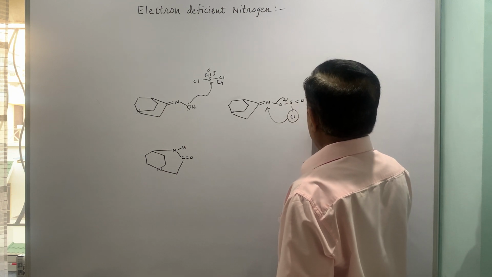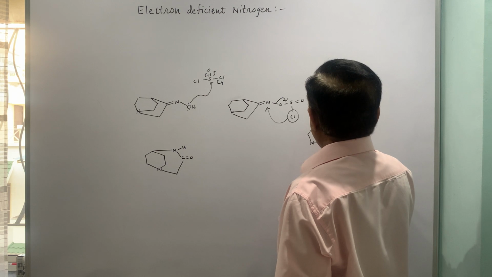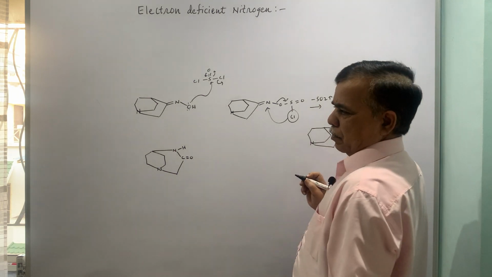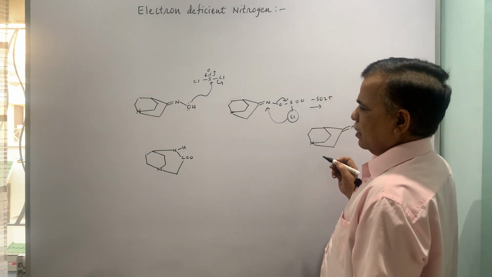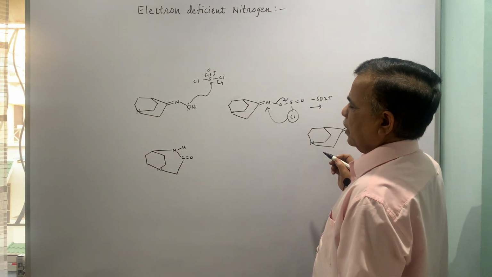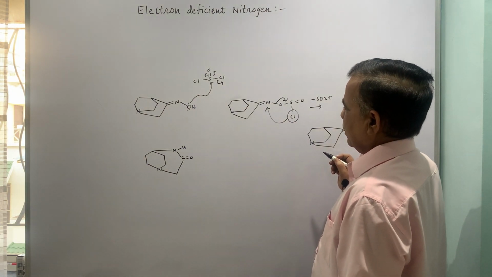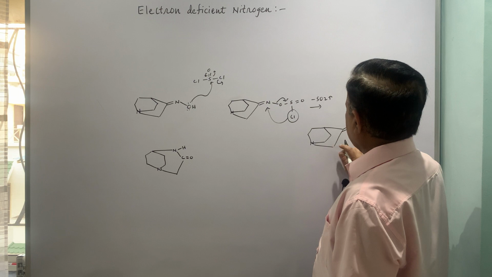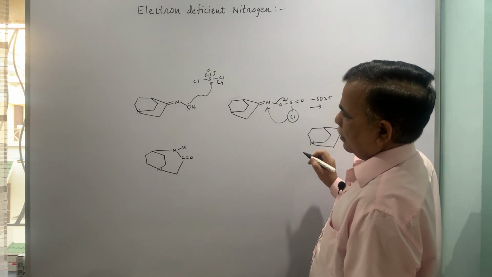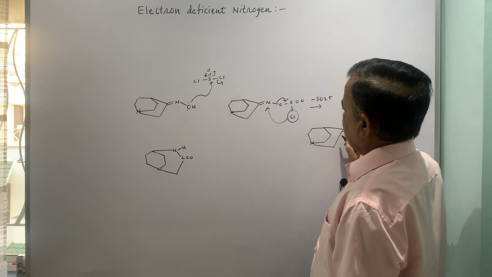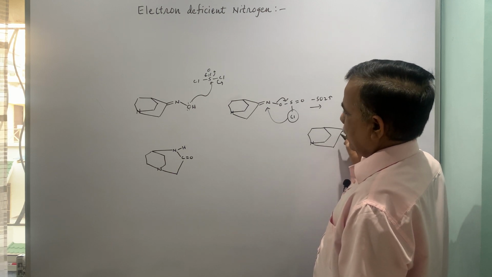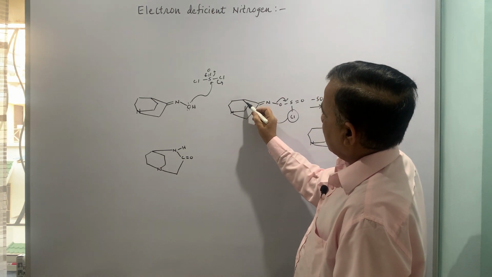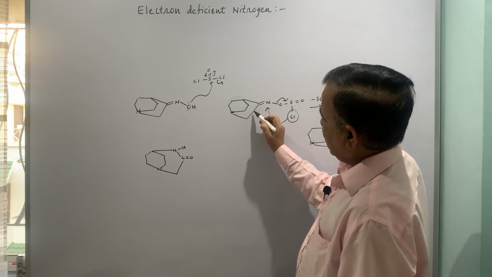So this compound is transformed into, and the remaining things are easy, because you have to show the migration of a group, like one group is added like NH. So like this 6 membered becomes 7 membered.